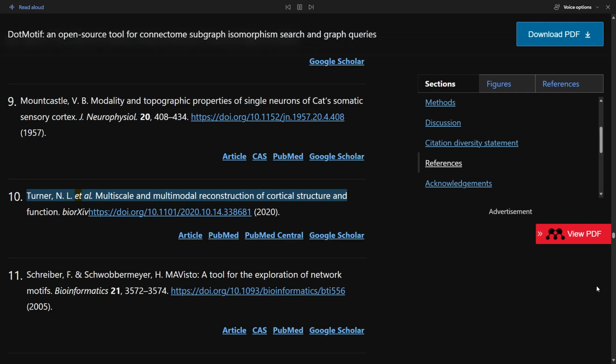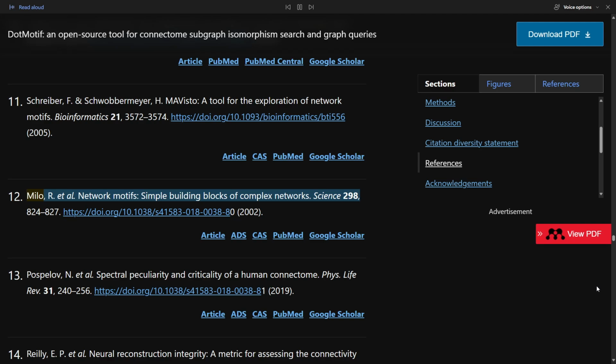Turner N. L. et al. Multiscale and multimodal reconstruction of cortical structure and function. bioRxiv, 2020. Schreiber F. and Schwobbermeyer H. MAVisto: a tool for the exploration of network motifs. Bioinformatics 21, 3572 to 3574, 2005. Milo R. et al. Network motifs: Simple building blocks of complex networks.